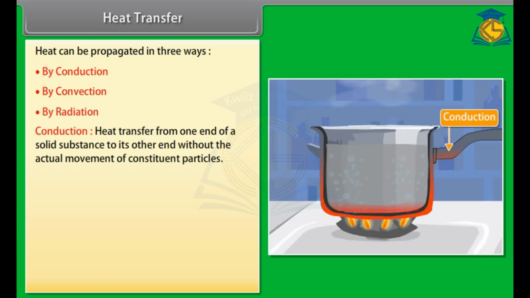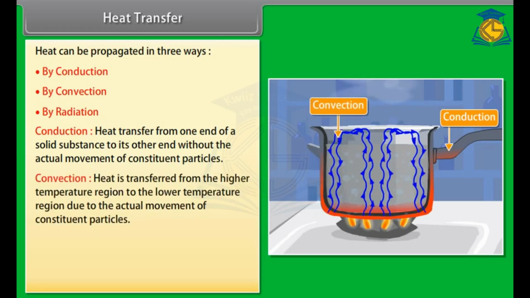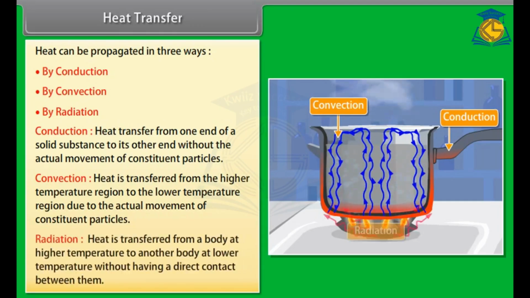Conduction. Heat transfer from one end of a solid substance to its other end without the actual movement of constituent particles. Convection. Heat is transferred from the higher temperature region to the lower temperature region due to the actual movement of constituent particles. Radiation. Heat is transferred from a body at high temperature to another body at lower temperature without having a direct contact between them.